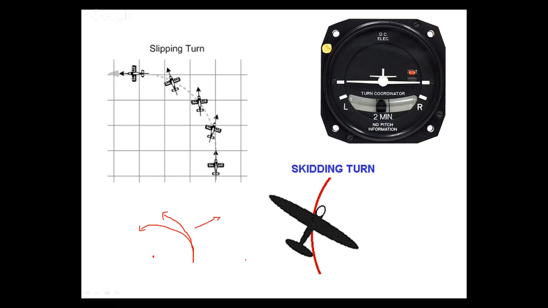Make sense? Yes. So that's where the rudder pedals come into play. In order to keep that track, you would have to apply left rudder pedal, in this particular instance, a left-hand turn, in order to keep what we call the turn coordinated.